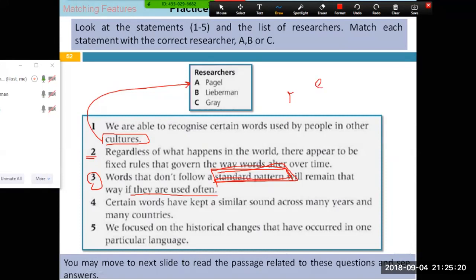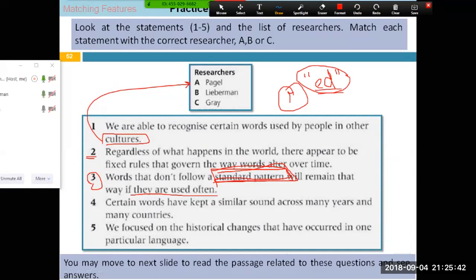The standard pattern is you just add -ed and it will give you the past and past participle forms. But the verbs which don't follow this standard pattern, that means irregular verbs. Well done. Okay.